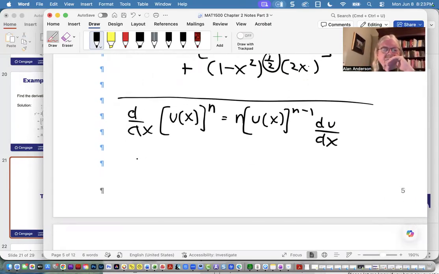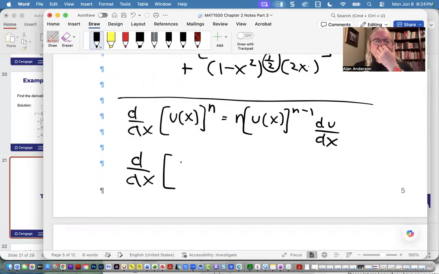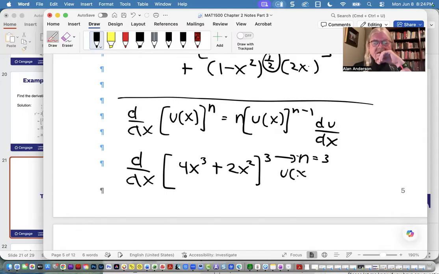What if we had this? All right, that should do it. So then n is 3. This is the n right here. U of x is what's inside the brackets.